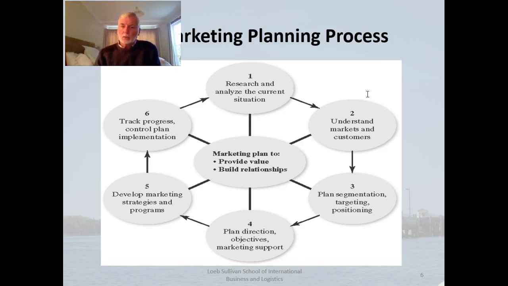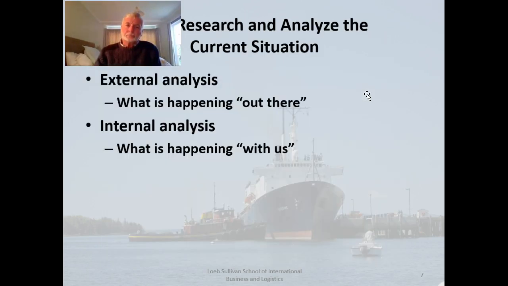What you're trying to do is put together something that adds value and builds relationships. So that's a pretty good outline of how you would do market planning. Now, obviously, we're going over this just as a summary, so we're not going into detail here, but that's a pretty good summary of what you should be looking at.